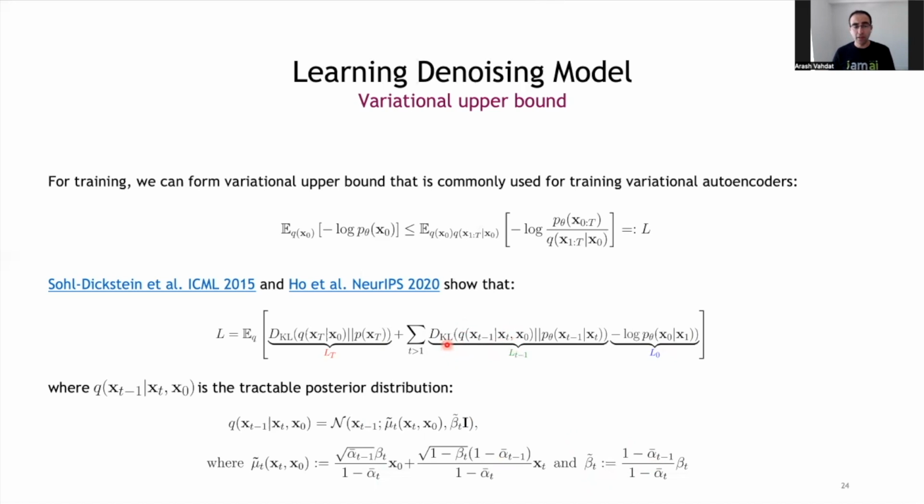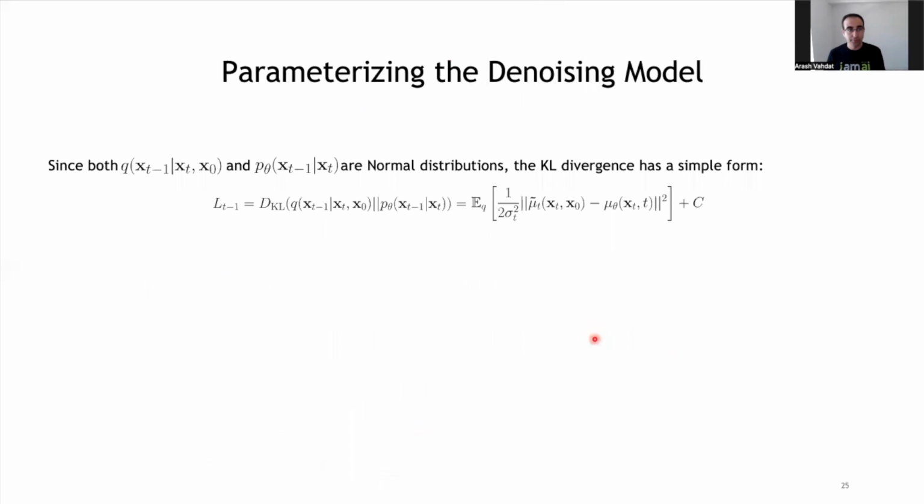So we have this KL divergence from this tractable posterior distribution, which is normal, and this denoising model, which we assume is normal as well. So now we have two normal distributions. I'm just writing down the same KL divergence again.